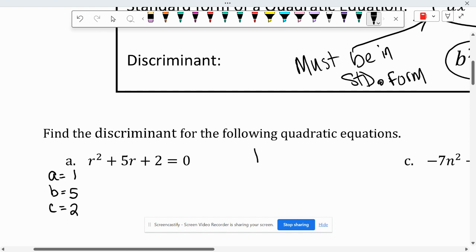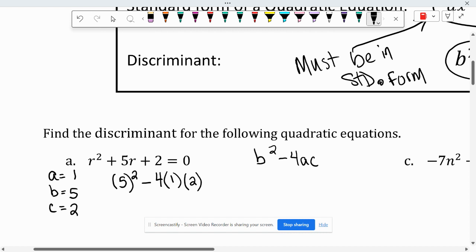So if I want to find the discriminant, B squared minus 4 times A times C, I'm just going to plug these values in. So B squared, well, B is 5. So I have 5 squared minus 4 times the value of A is 1 times the value of C is 2.